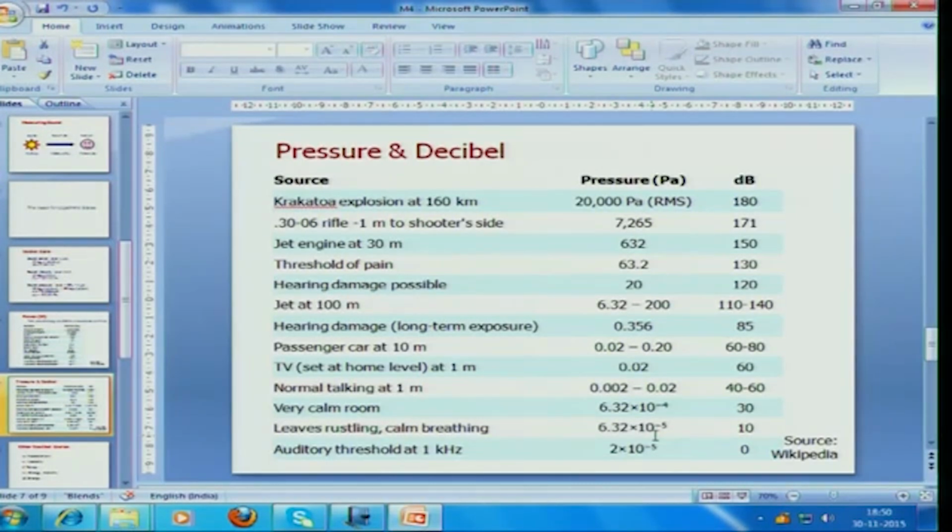Then if I am talking normally, it could be 0.002 to 2.02 pascals. If there's a TV or a speaker, it could be 0.02 pascals. If there's a car moving 10 meters away, it could be 0.02 to 0.2 pascals, and so on and so forth.